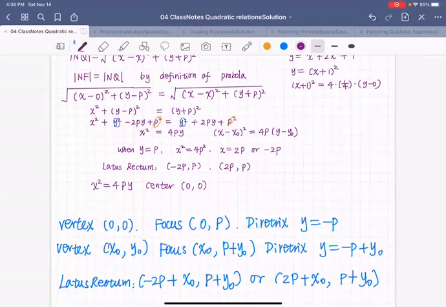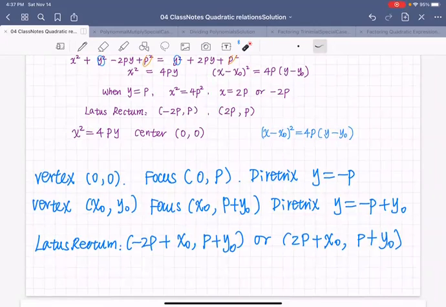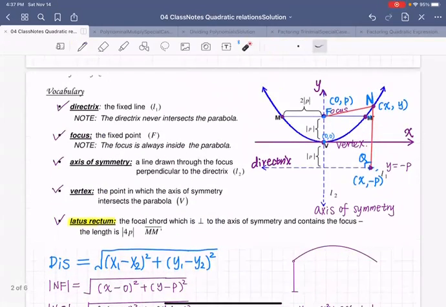And if x squared becomes x minus x0 squared, we do a shifting, horizontal and vertical shifting. Now, if the center is 0, 0, then the focus, you see the focus location, that's 0, p.